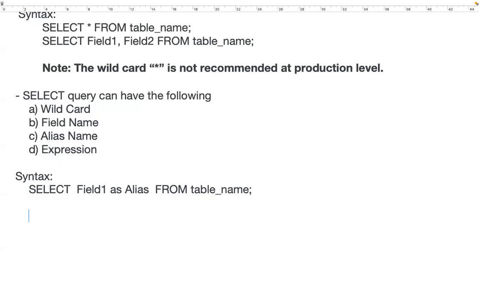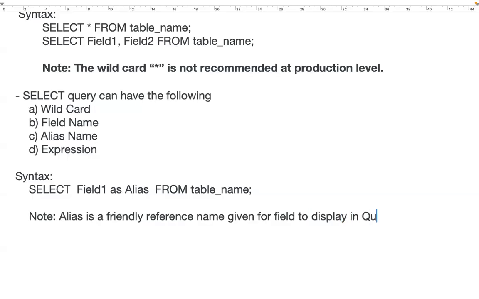So what is this alias? Alias is a friendly reference name given for a field to display in the query result.